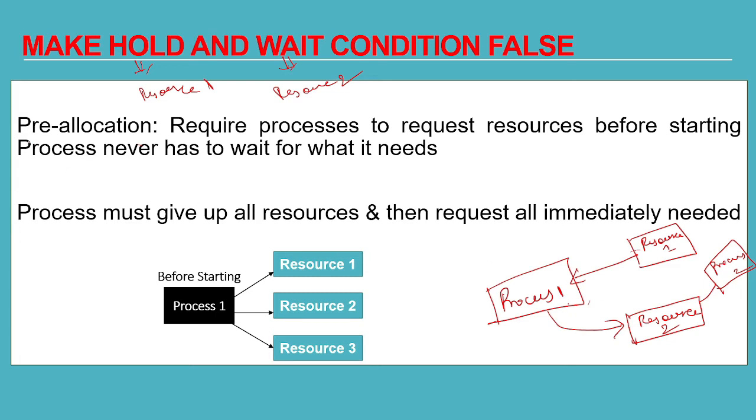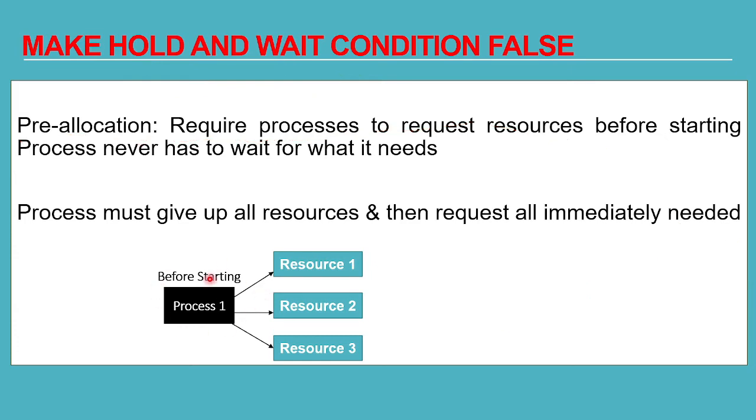What do we have to do to make the condition false? We have to pre-allocate. That is, all the processes must request their resources before starting, so a process never has to wait for what it needs. So what does process 1 have to do? Before starting the work, like printing or whatever, this process has to request all the resources which it will need.